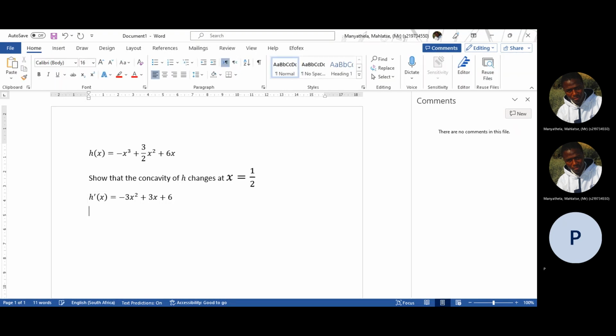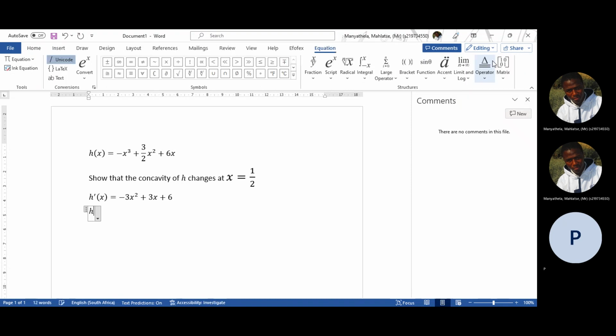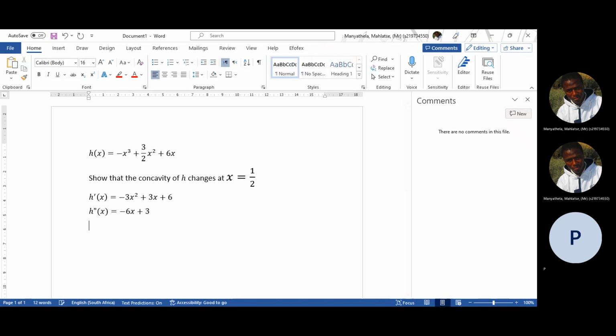So let's find the derivative of the derivative. H double prime x equal to minus 6x plus 3. So next step, we're going to take this one and equate it to 0.